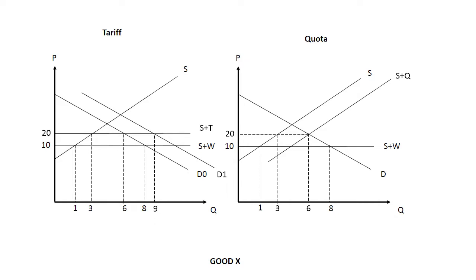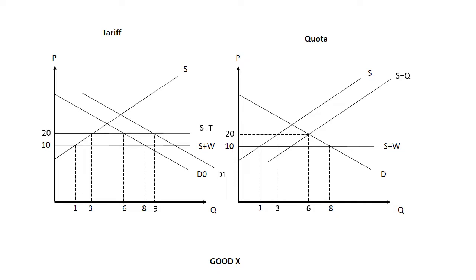The price remains the same at 20. The number of imports will increase from 3 to 6, because 9 minus 3 is equal to 6.